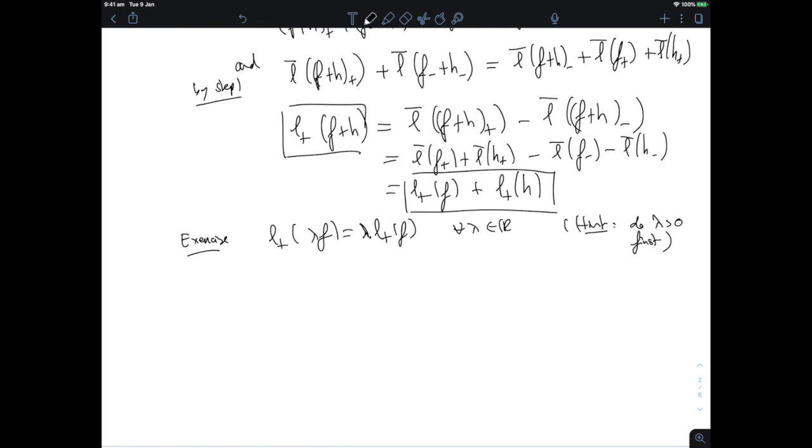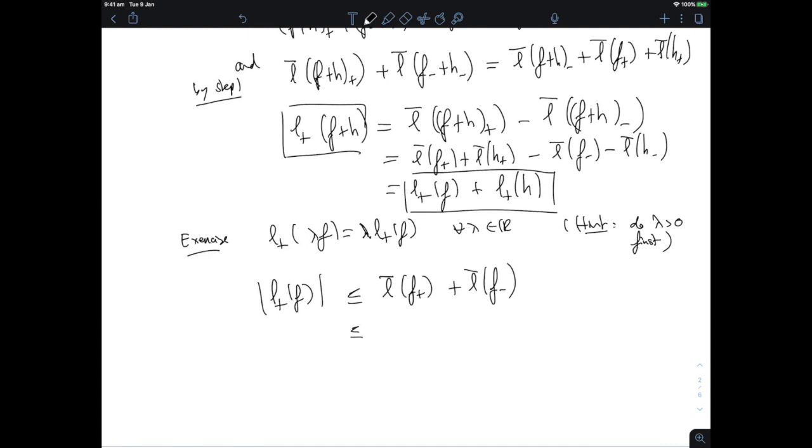And why do we have continuity? Because if I look at L plus of F, well, this is smaller than L bar of F plus plus L bar of F minus. And what can I say about L bar of F plus?